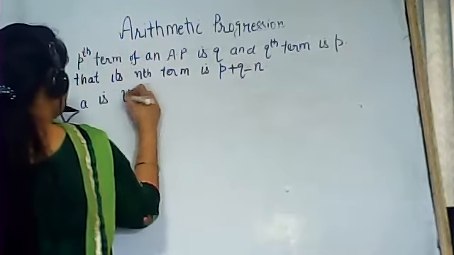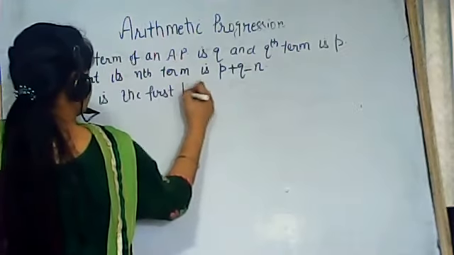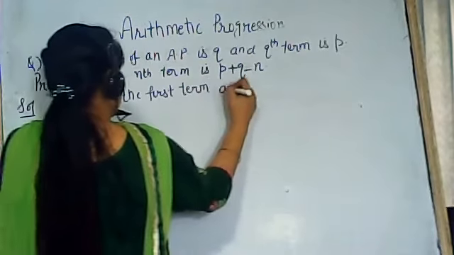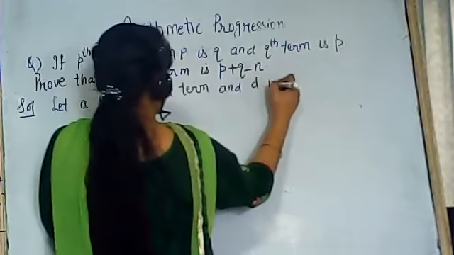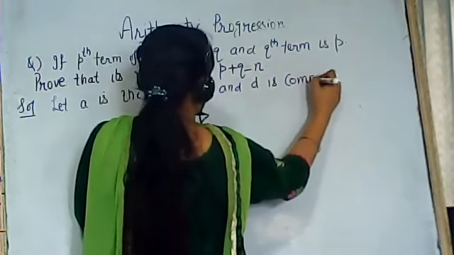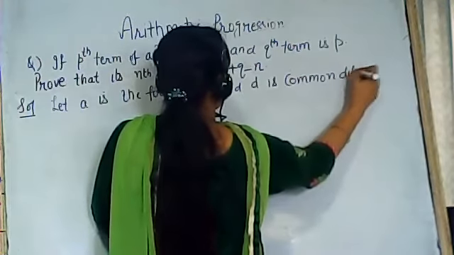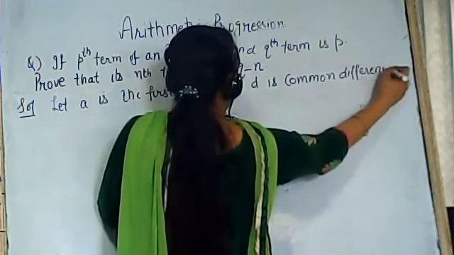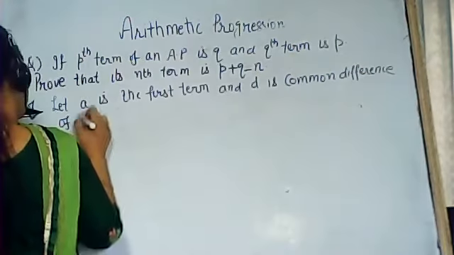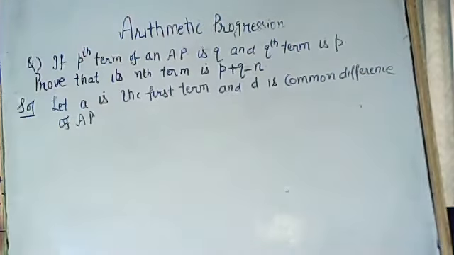Let A be the first term and D be the common difference of the AP. Now what is given in this statement?